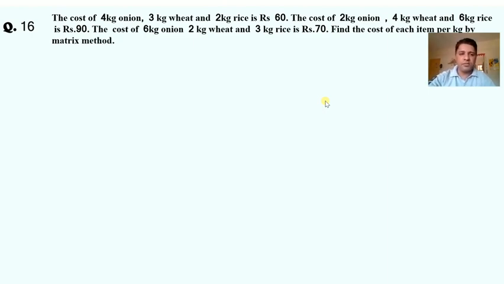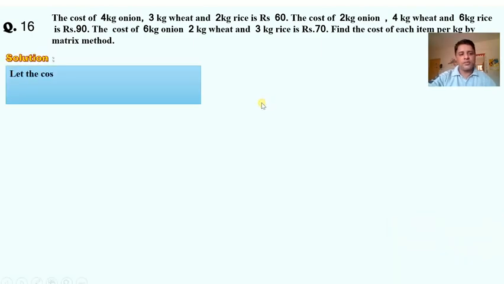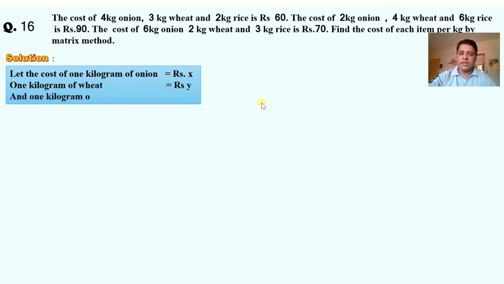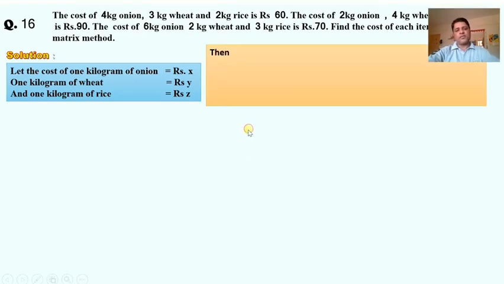So here we will convert this whole statement into 3 linear equations. Let us suppose first of all that the cost of 1 kilogram of onion is rupees x, and 1 kilogram of wheat is rupees y, and that of rice is rupees z. Then the 4 kilogram of onions, the total price will be considered as 4x.